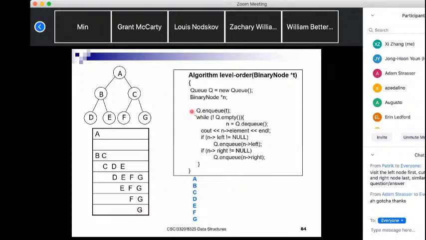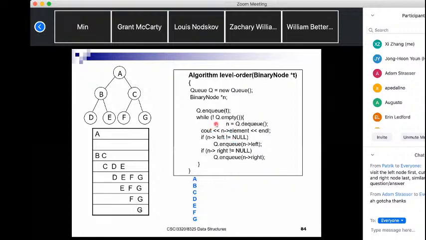So A should be inside the queue at the beginning. And I will repeat this code given here until the queue is empty. Sorry for the C++ code given here. The cout is like a System.out.print function.